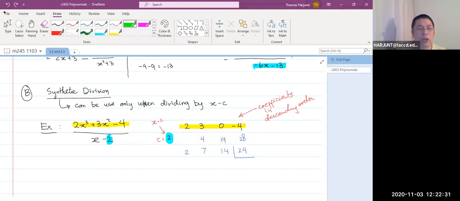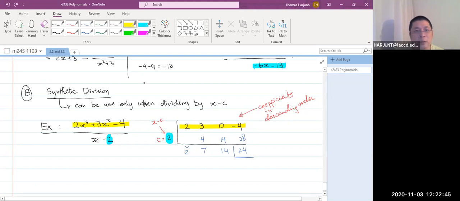Now, this is what we get. So how do we interpret those numbers? These numbers here represent the quotient. So this is equal to 2x squared plus 7x plus 14.